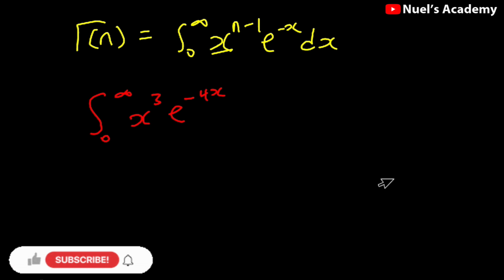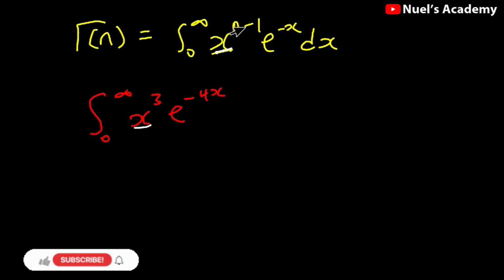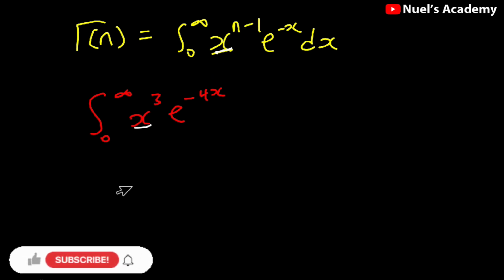Now notice we don't have an issue with the x terms here, because we have x here and x here, so we don't have an issue with their powers. But we can't go ahead and equate n-1 and 3 just like we did in the previous example, because we have 4 here and only 1 there.